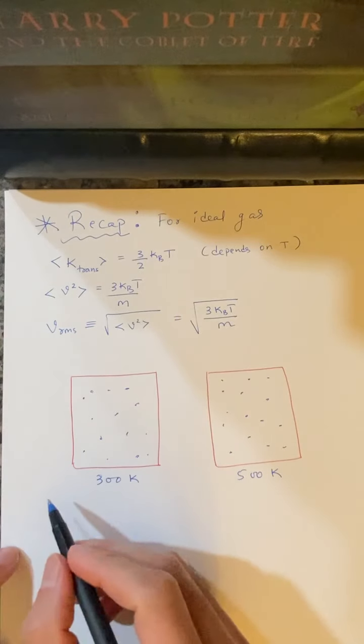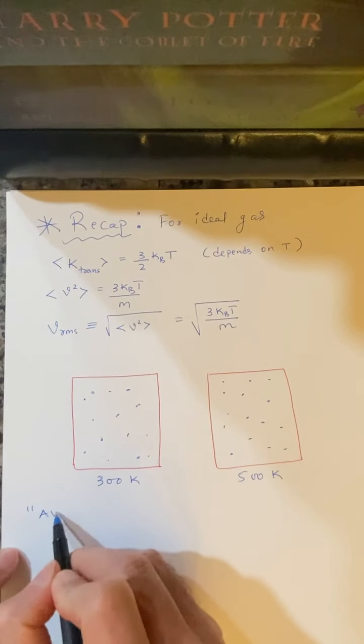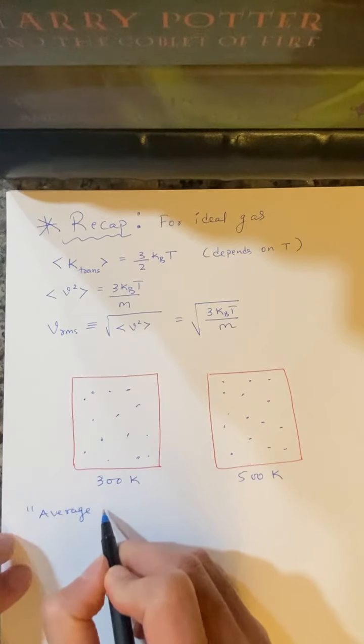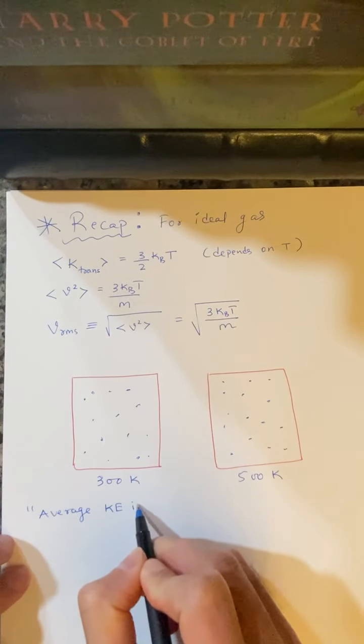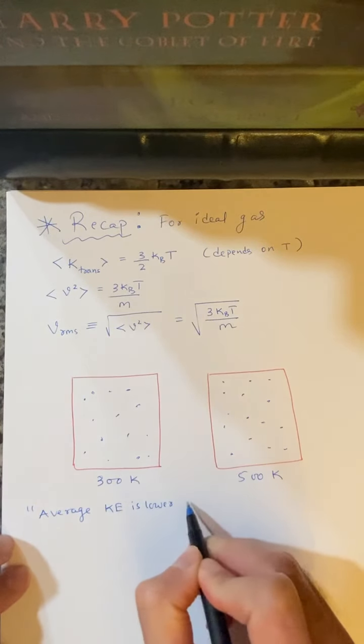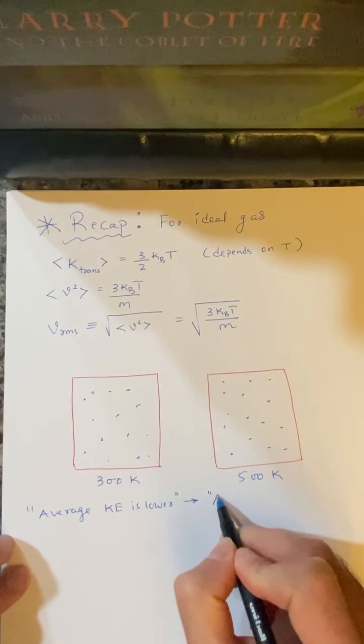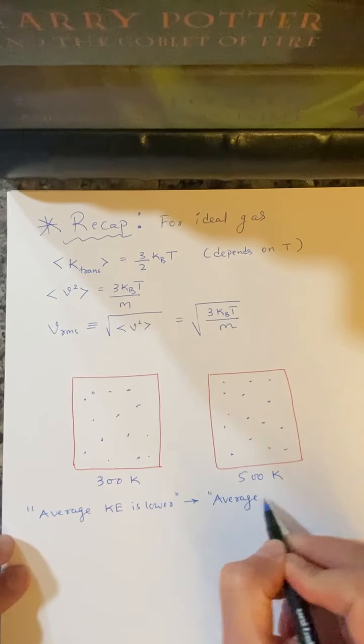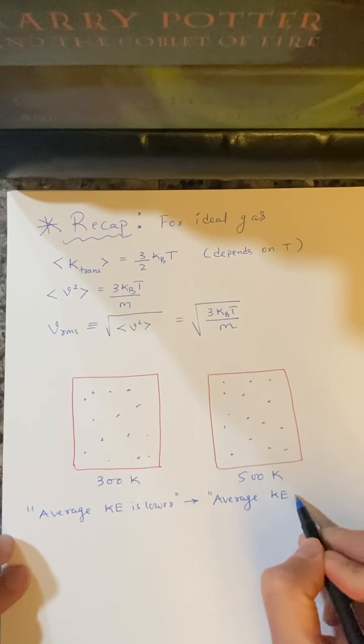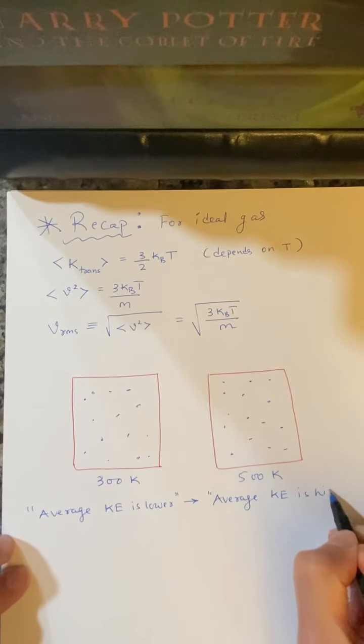Obviously, you all know the relationship. So now you will say, well, the average kinetic energy in this case is lower when you compare to the average kinetic energy in the other case, which is higher.